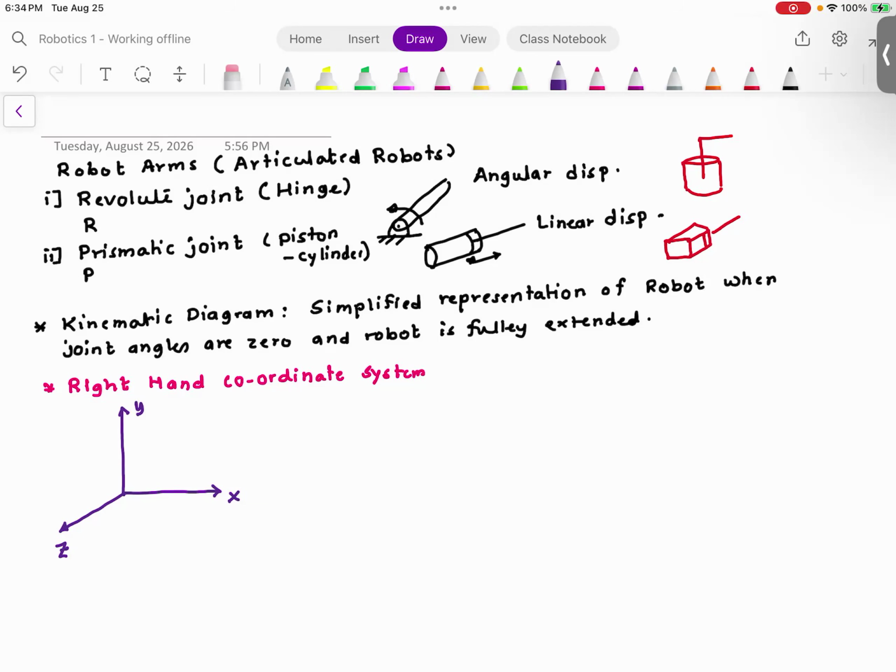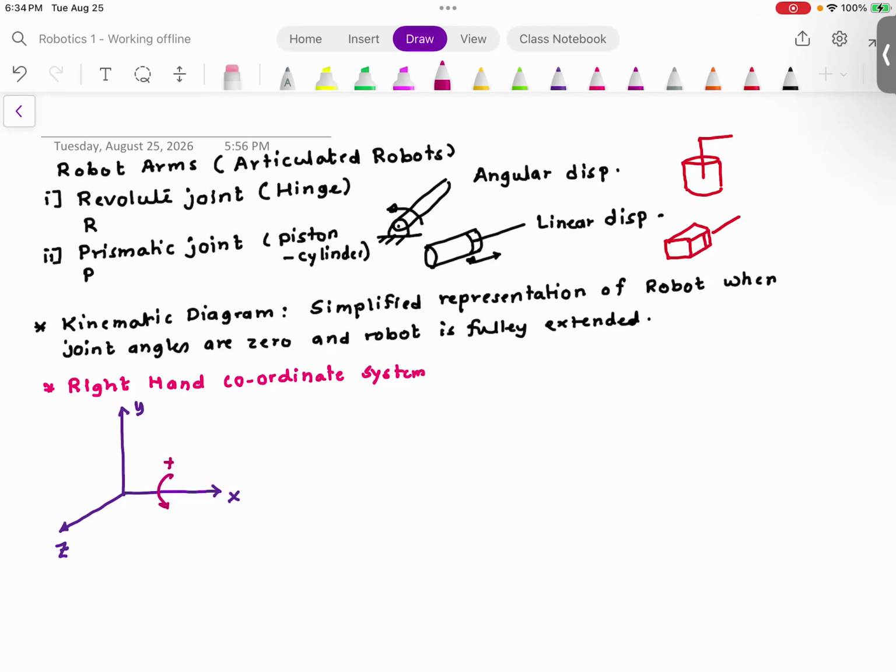If your thumb is pointing toward the positive axis, that rotation is positive. What do I mean by that? So check this out. Look at this rotation. Curl your fingers in the direction of rotation. Your thumb is pointing towards the positive x-axis. So this rotation is positive.